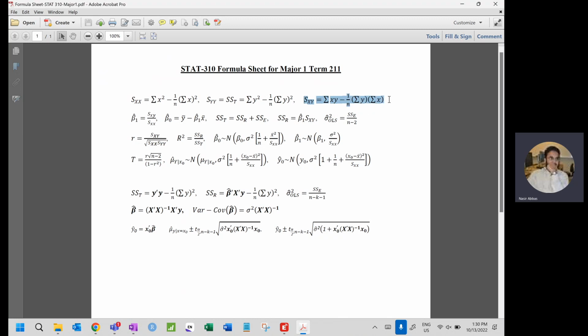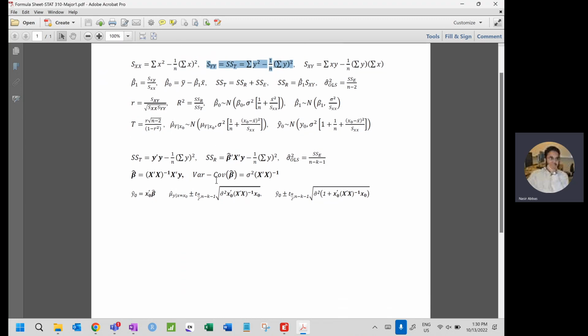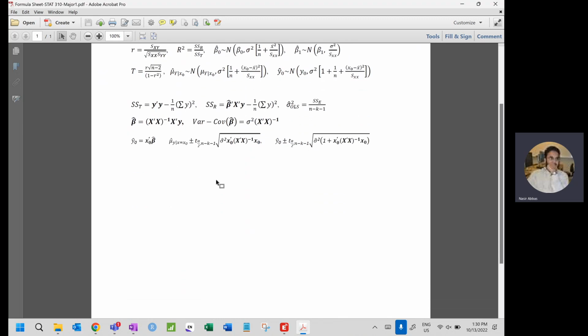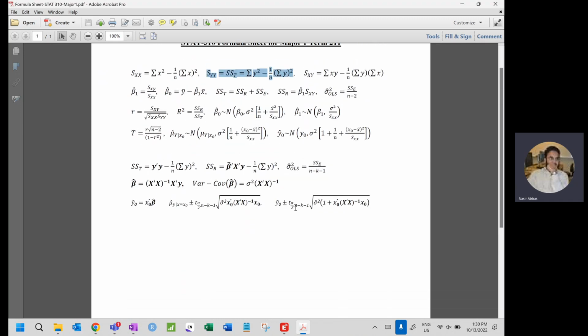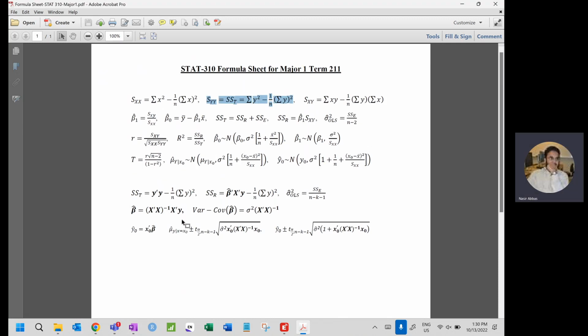So the covariance is nothing but this SXY over N minus 1. If I ask you for the variance of X, it is this thing over N minus 1. If I ask you for the variance of Y, it is this thing divided by N minus 1. So you just need to divide by N minus 1. The whole formula with N minus 1 is not given.